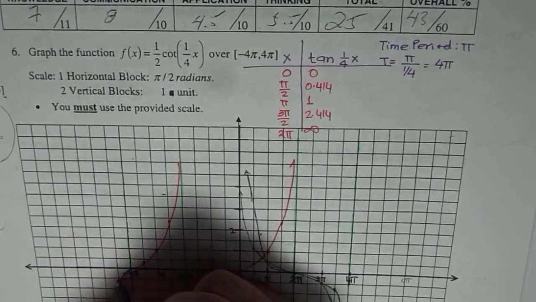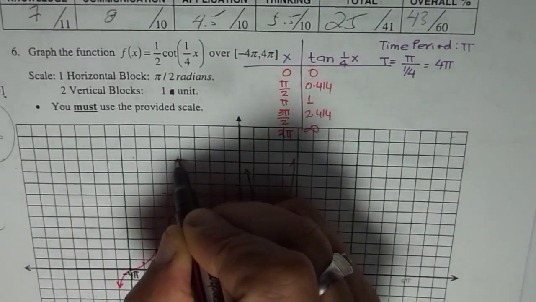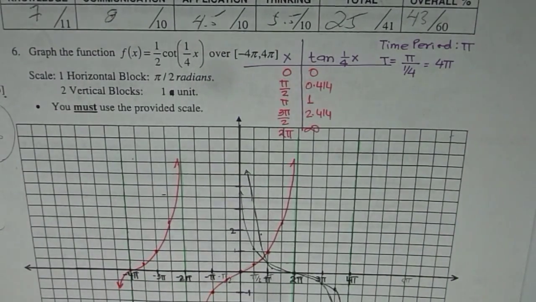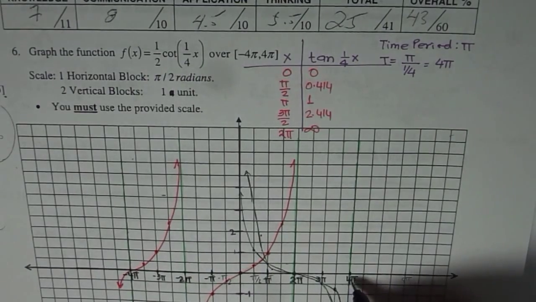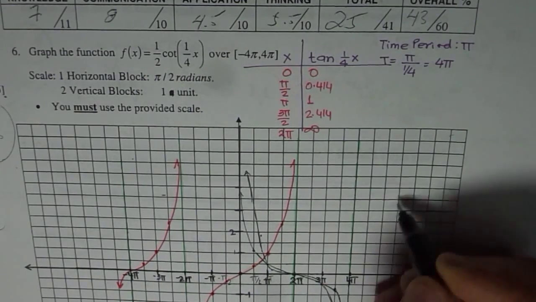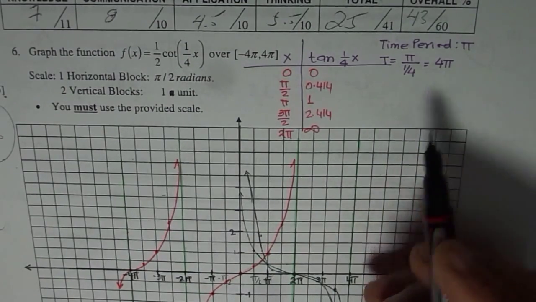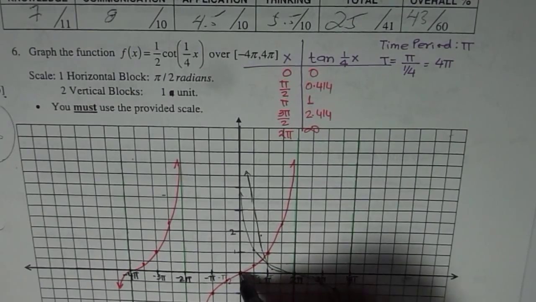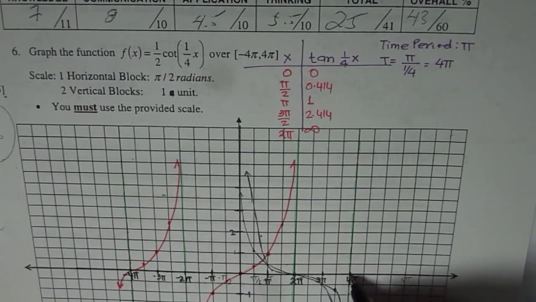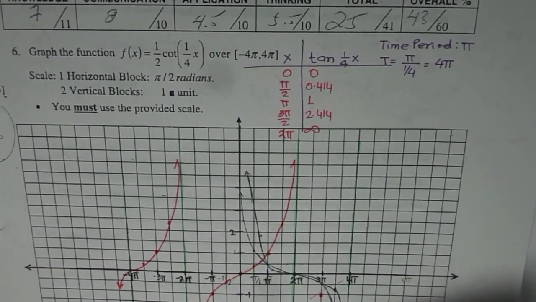We are not continuing here, but we continue this side. Do you see that? Similarly, on this side also, it is going to repeat. So for this, we have 4 pi, correct? At 4 pi, we will have a 0, and again it is going to repeat. So we'll get a value here, 1, and then this will be 2.5. So we can draw like this.